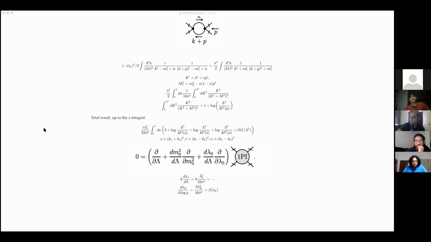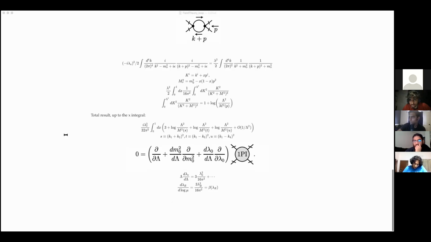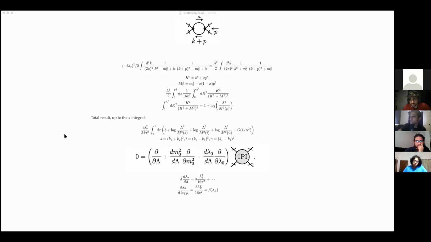So the first derivative term in our RG flow equation won't hit anything. It's the second two that might. We're very concerned about the derivative with respect to M of our end result, because the lambda derivative is trivial. So we have to see how these two things combine with each other.